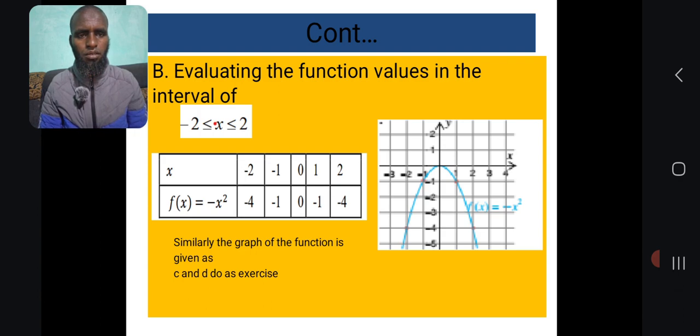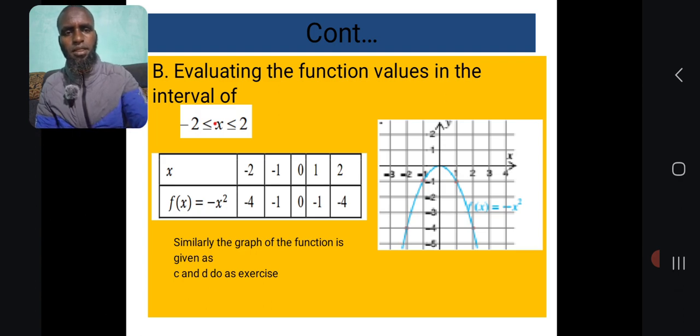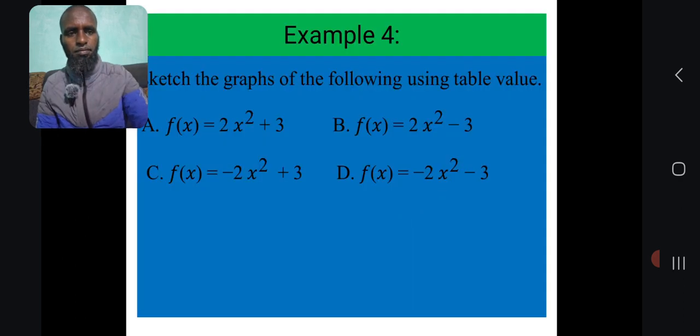So try to do C and D as exercises, because they are the same type of questions, except for the change in the value of a. Positive 1 to positive 2, and negative 1 to negative 2. Therefore, one is upward and the other is downward. Try to draw the graph.